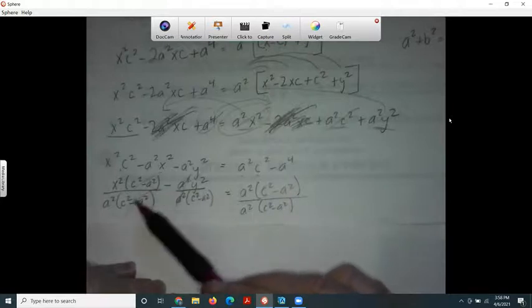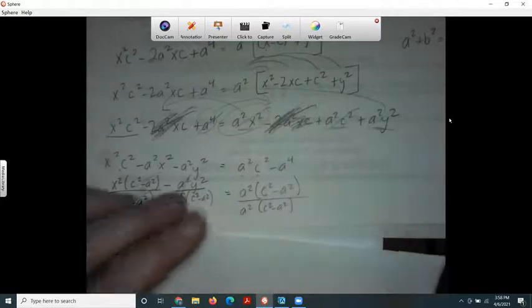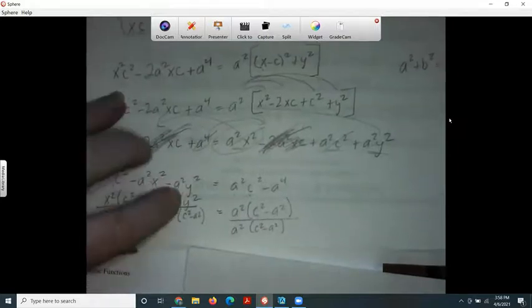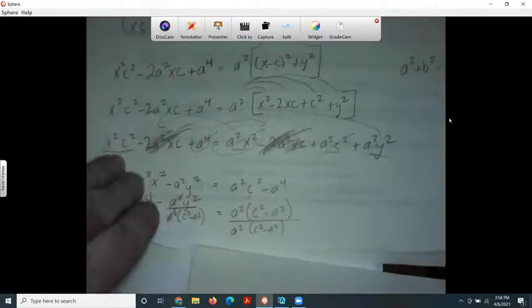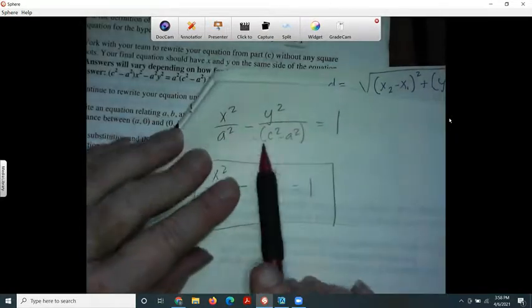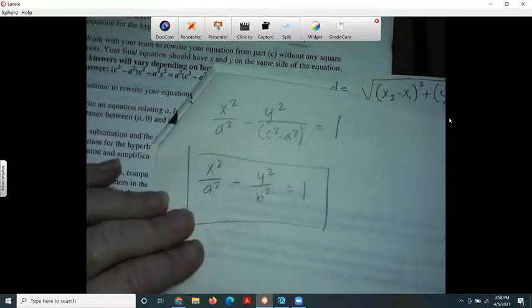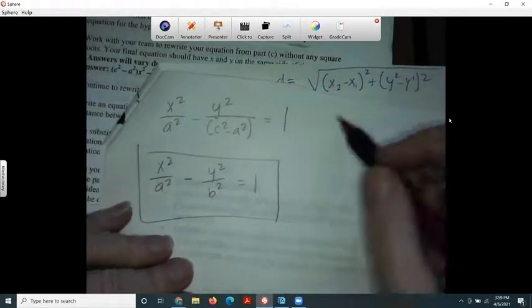And that's right here. And then it told me to write a little relationship between A, B, and C. And if you look at A, B, and C, do I have a better picture?